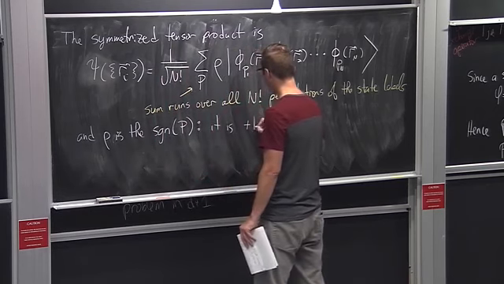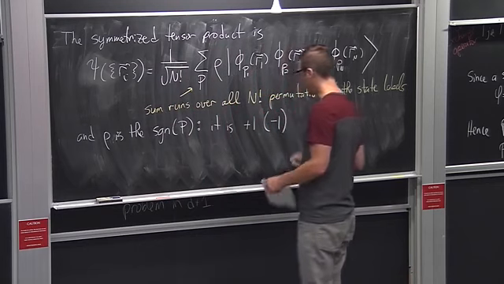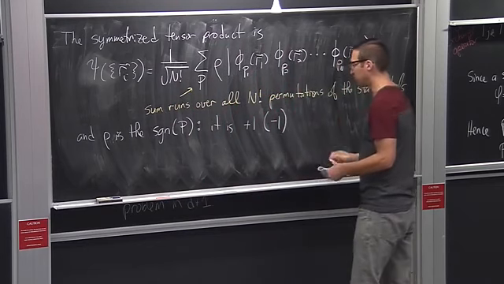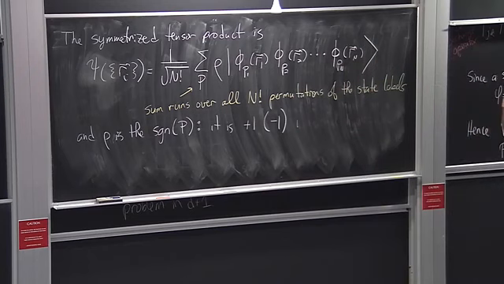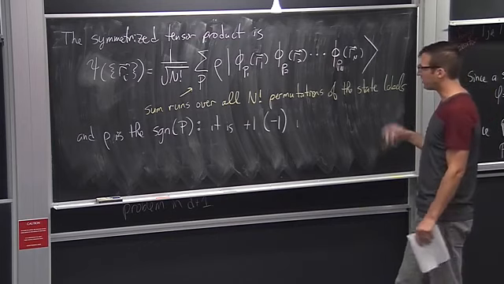It is +1 for bosons and -1 for fermions. So it's +1 if the number of permutations required to get back to the original form is even, and it's -1 if that's odd.